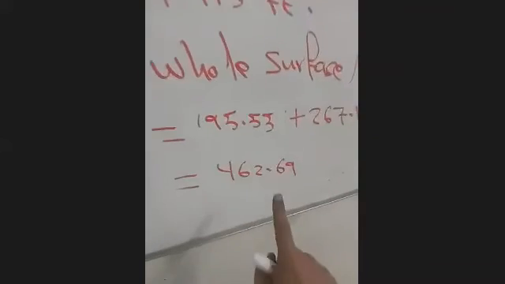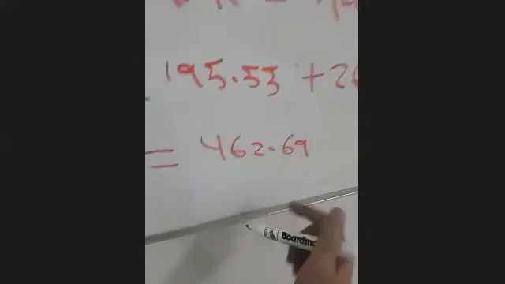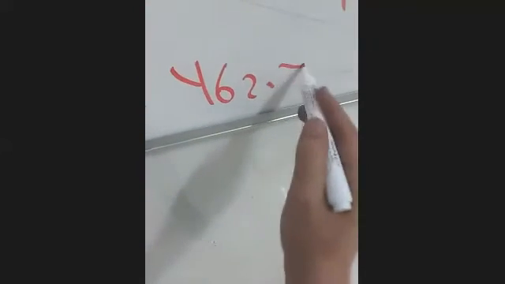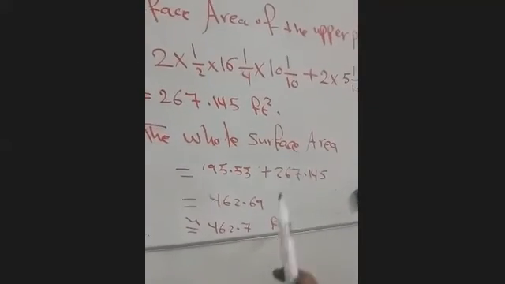And if we round the 6, it will be 7 because the 9 is bigger. So it is rounded to 462.7 square feet. Now, this is the final answer, the same as the book answer, 462.7, right?